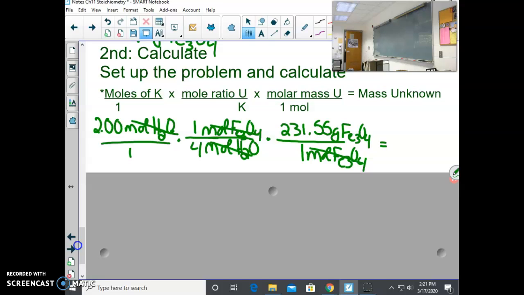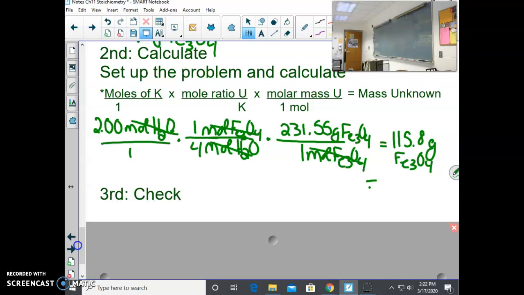I take 2 times 231.55 and divide it by 4 to get an answer of 115.8 grams Fe3O4. And if we look, we get 3 sig figs, so that equals 116 grams of Fe3O4.